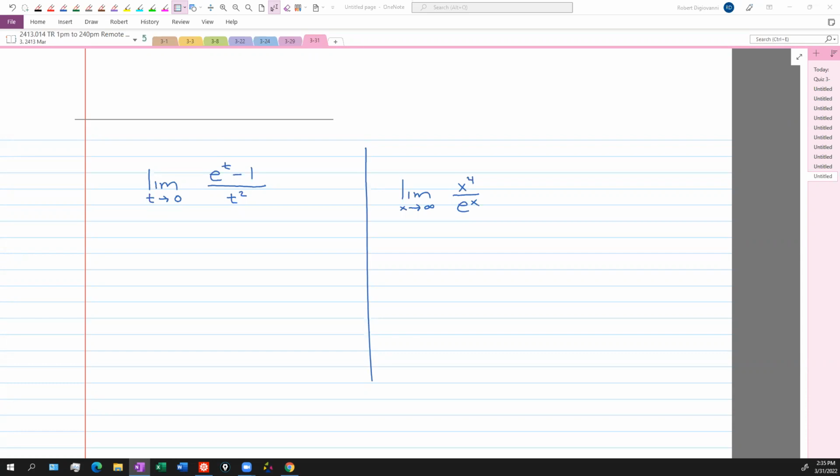On the first one I gave you, I want to approach 0 from the right. I need to put that there for you. Be careful on that one.